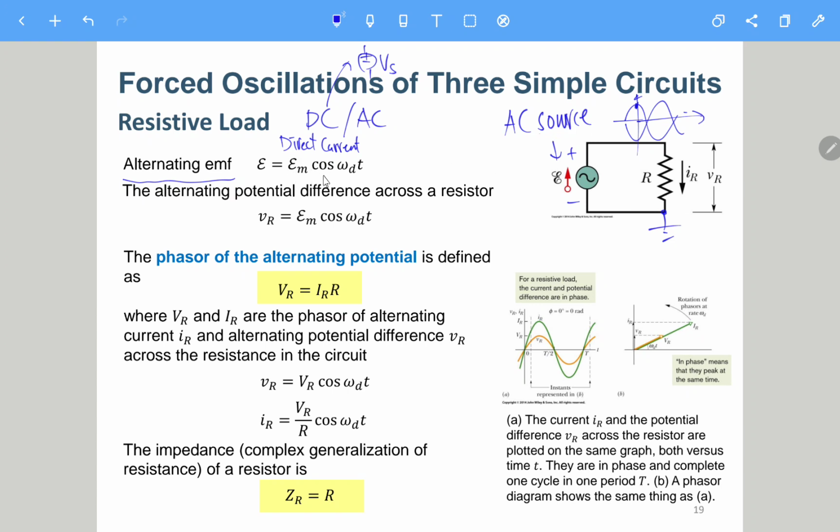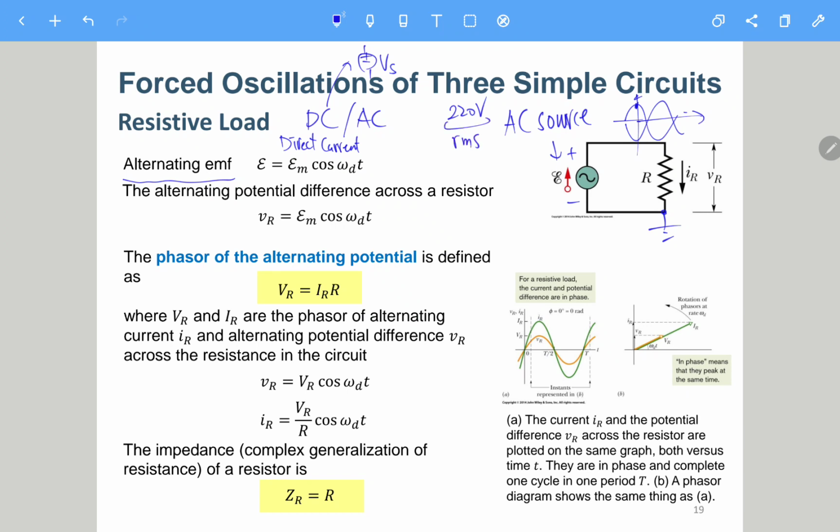Anyway, here we consider this EMF is E equals EM, the amplitude of the AC source, times cosine omega_d t. For instance, in Macau we have the so-called 220 volt. This is a root mean square value.